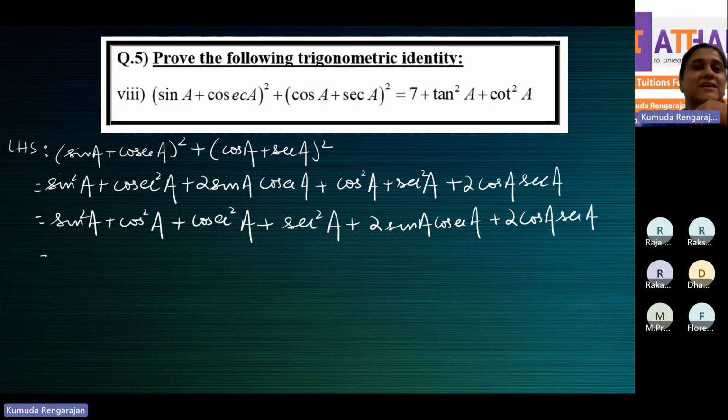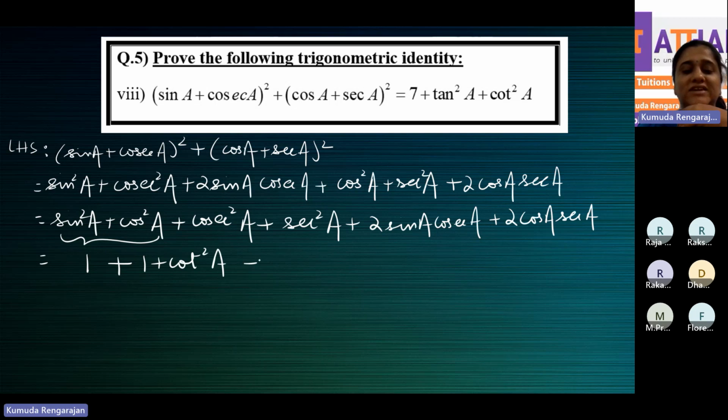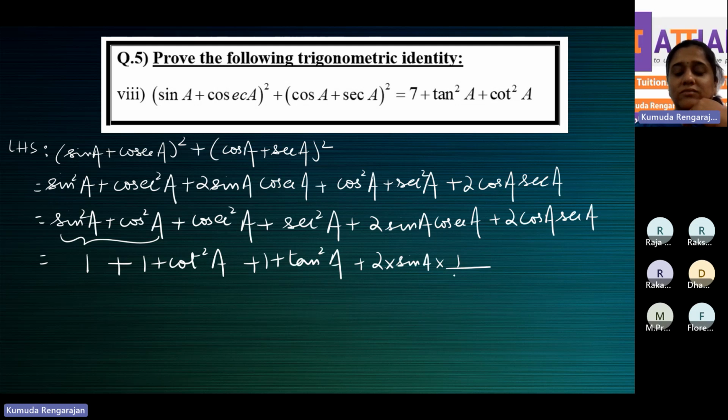All right. Now what is sine square A plus cos square A? 1. What is cosecant square A? 1 plus cot square A. And what is secant square A? 1 plus tan square A, plus 2 into sine A into 1 by sine A, because cosecant and sine are reciprocal ratios.